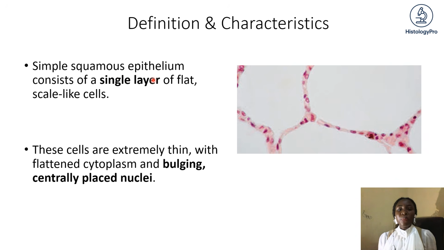It is also described as resembling a fried egg on a flat plate. The cells are extremely thin with a bulging, centrally placed nucleus and little flattened cytoplasm that surrounds the nucleus.